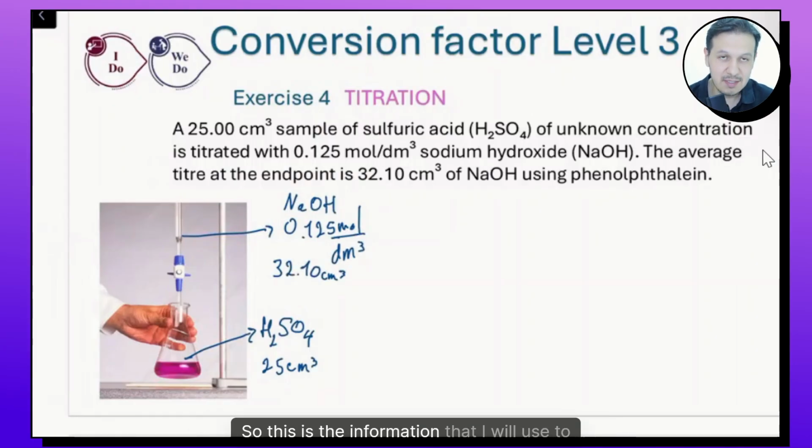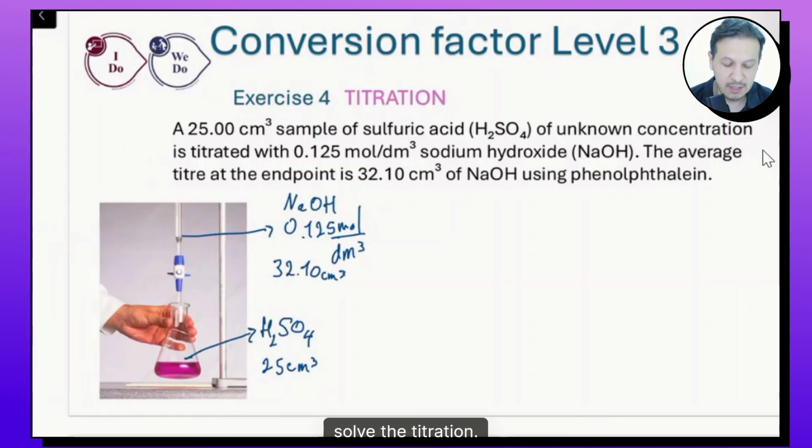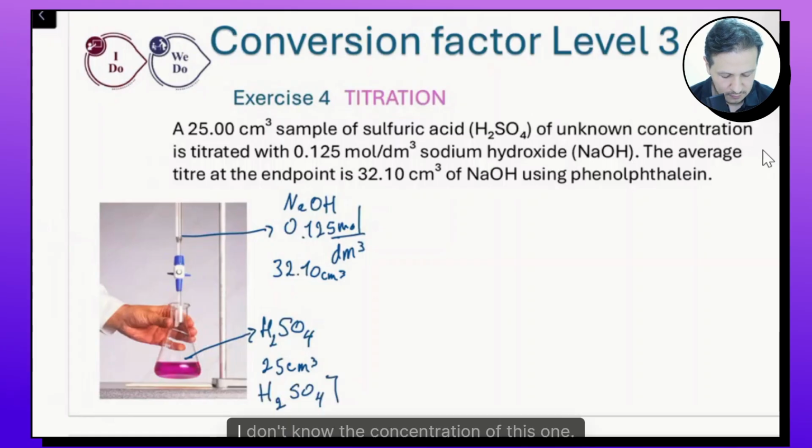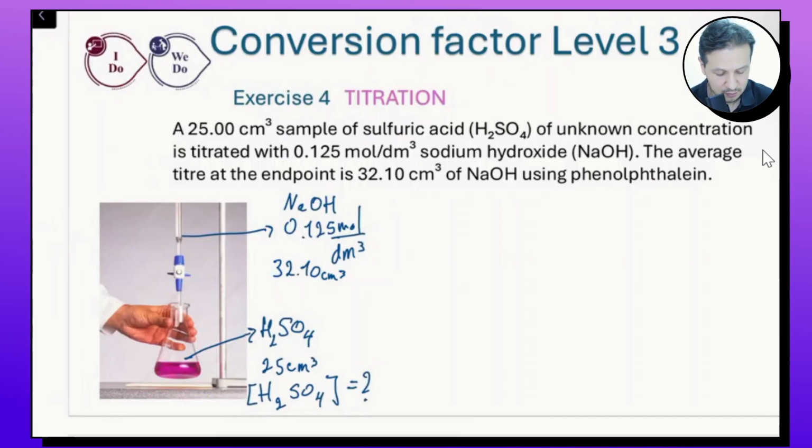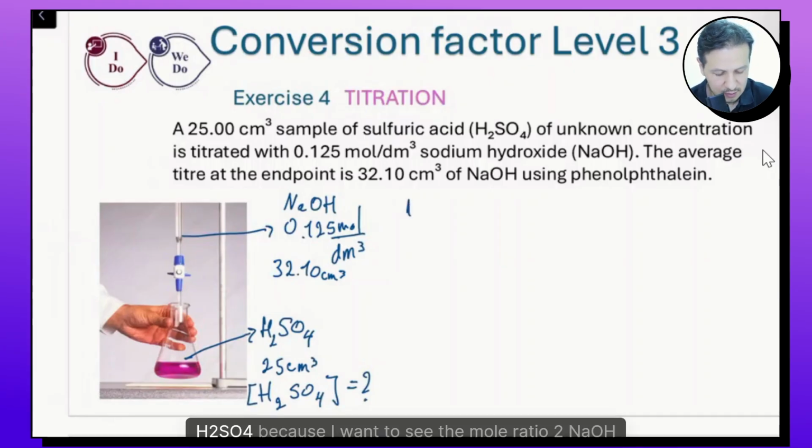So this is the information that I will use to solve the titration. The question is to determine the concentration of sulfuric acid. So H2SO4, I don't know the concentration of this one, so that's the one that I need to find. To solve titration exercises, create a chemical equation. So here I have H2SO4 because I want to see the mole ratio.